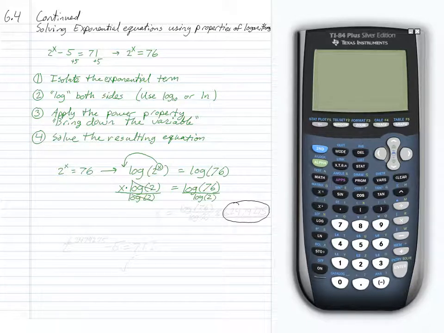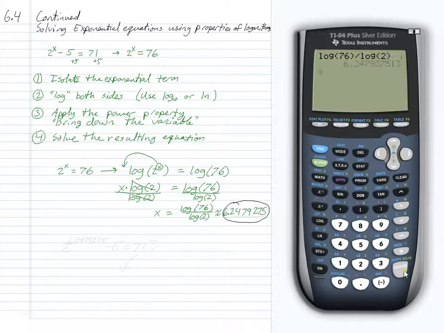I see that the log of 2's cancel on the left-hand side, and x is equal to log of 76 over log of 2. A quick check in my calculator indicates that this is approximately 6.2479275.